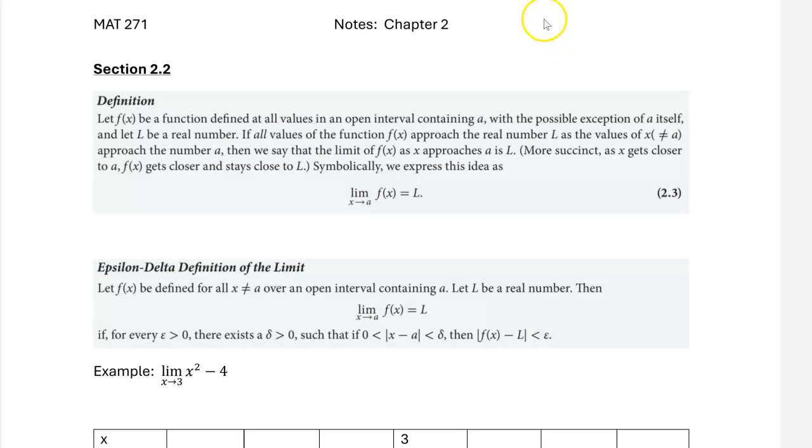So let's get started. When you think about a limit, I want you to think about two words, approach and approximate. What's going to happen for us is that we want to approach x, and then we're going to use that approach to approximate y.